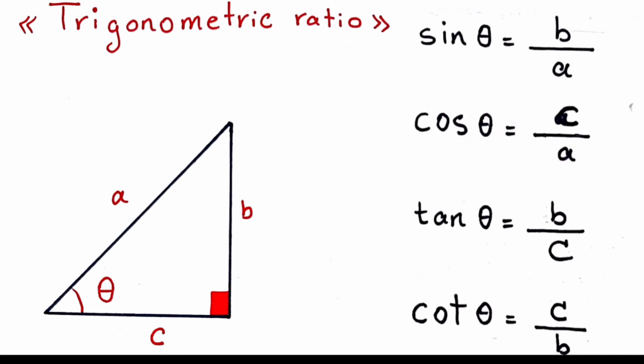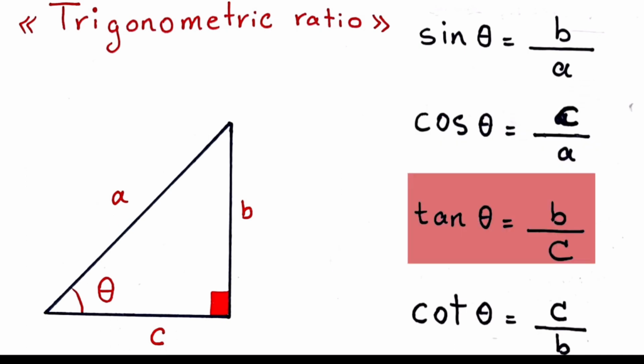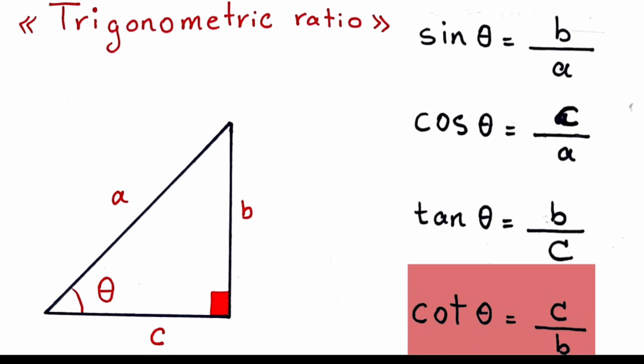Tangent theta is equal to the size of the opposite side of theta divided by the size of the side adjacent to theta. Cotangent theta is the reverse of tangent theta.